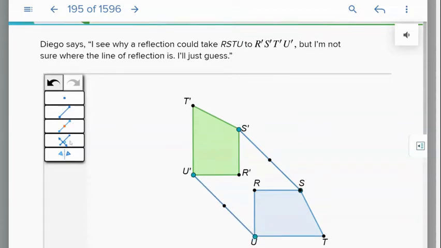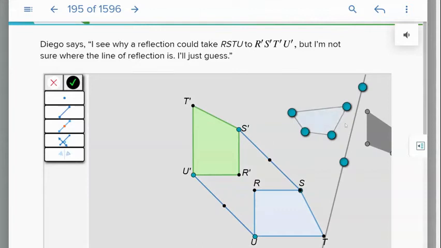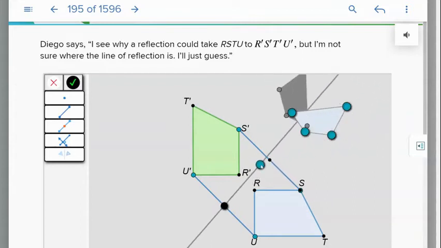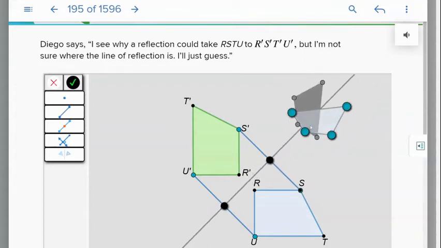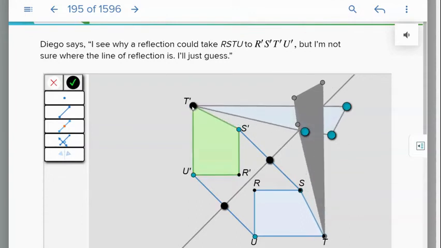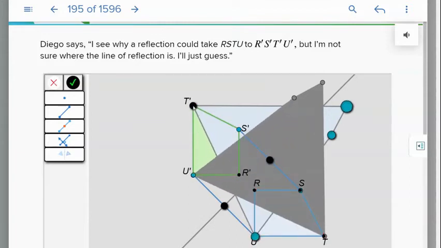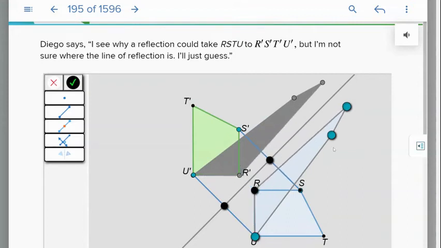And do you agree that if I was to do a reflection, right, the line of reflection would have to be based upon the midpoints of the distance of whichever vertices you're trying to work with here. So let's see, trying to map onto the blue one first. There we go.